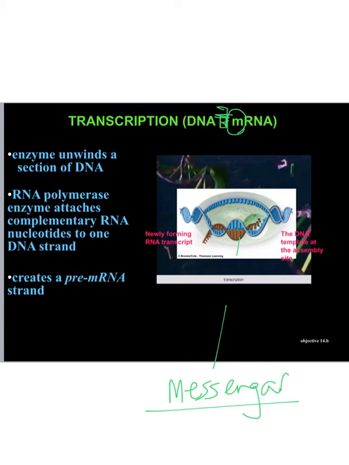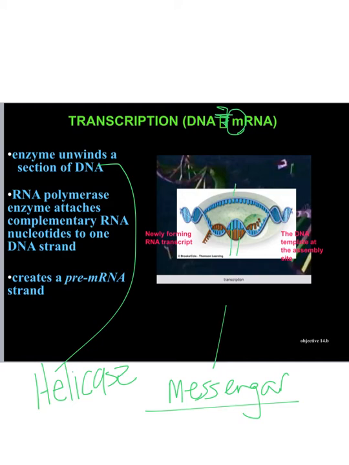So a couple of things happen. We're going to get an enzyme that's going to come in and unwind a section of the DNA. We know what this enzyme is because we talked about it in the last chapter. It is called helicase. This is the enzyme that comes in and separates our two DNA strands. We then have RNA polymerase that brings the complementary RNA nucleotides to the DNA strand.